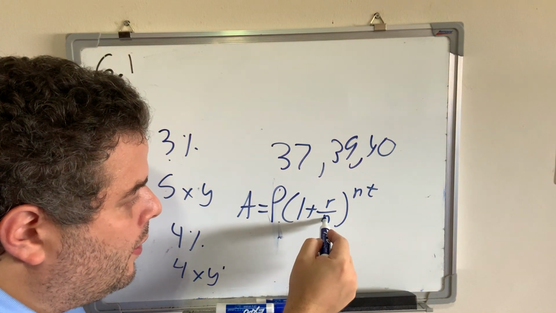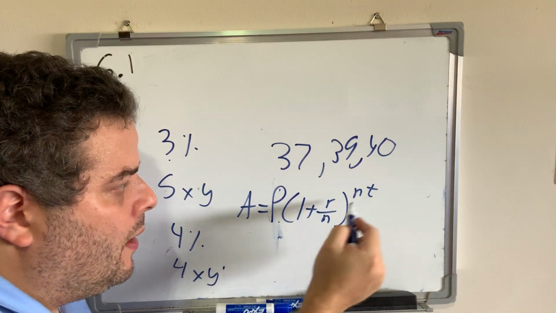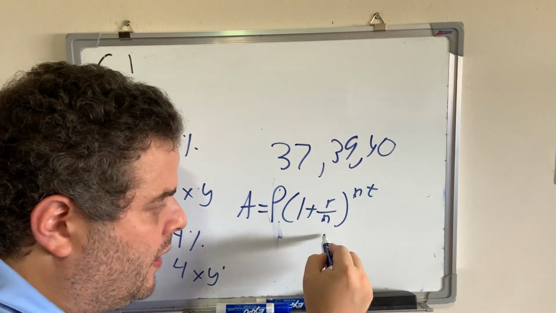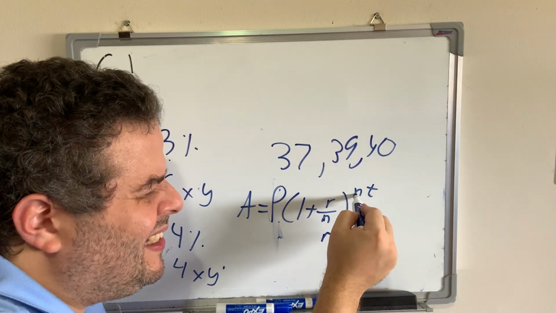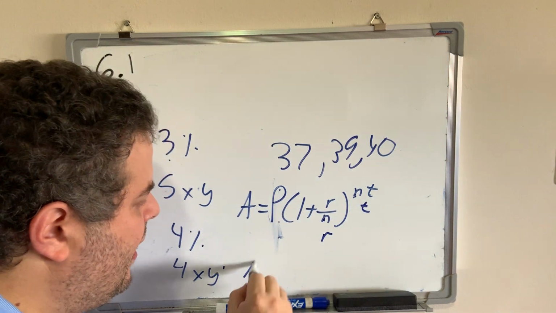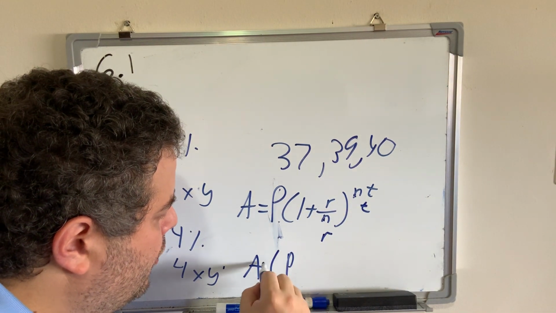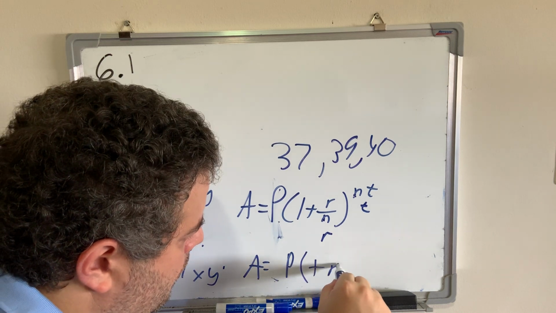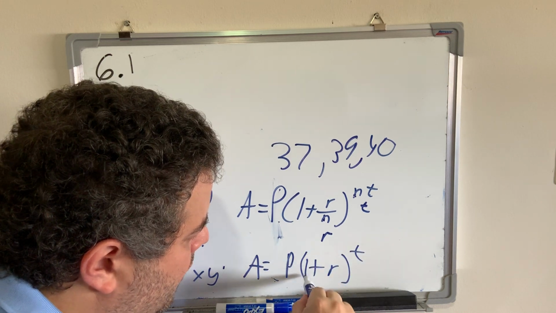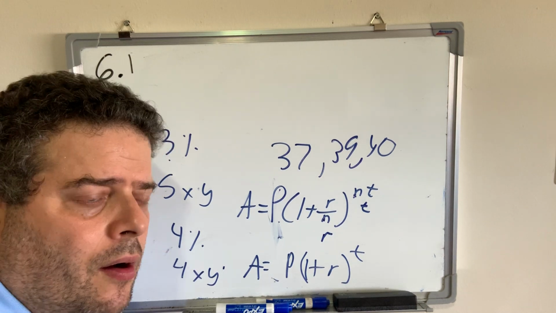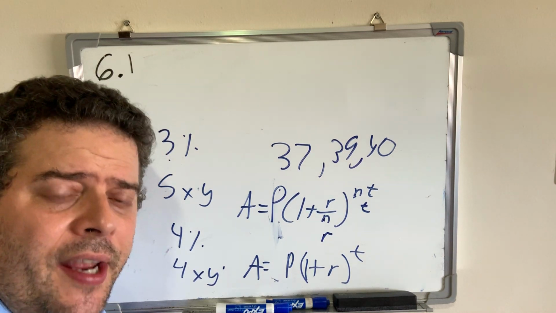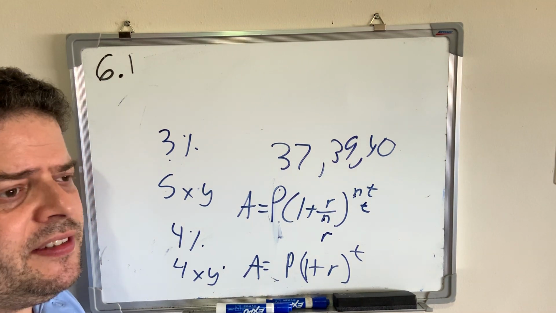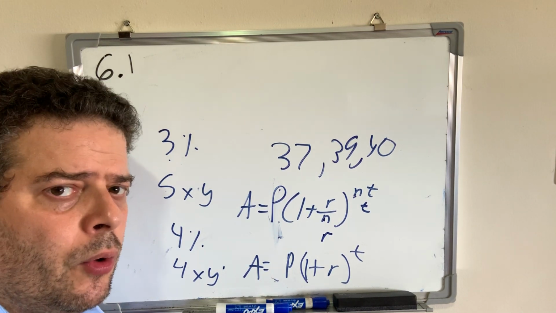And if this is 1, what is R divided by 1? It's going to be R. And what is T times 1? It's going to be T. And if you change it, you're going to end up with the exact same formula for growth or decay when your N is 1. So if it's compounded, use the compound formula. If it doesn't say compounded, use regular growth or decay.